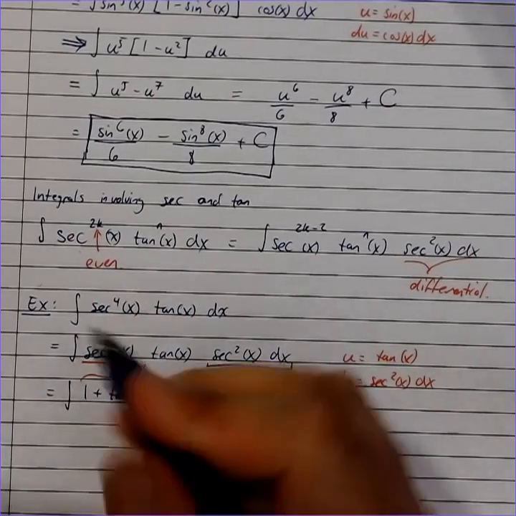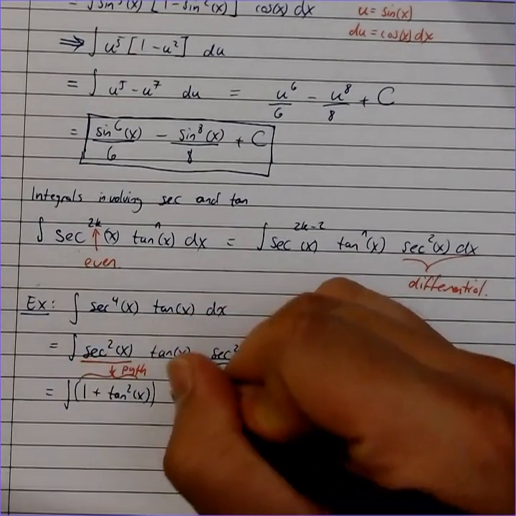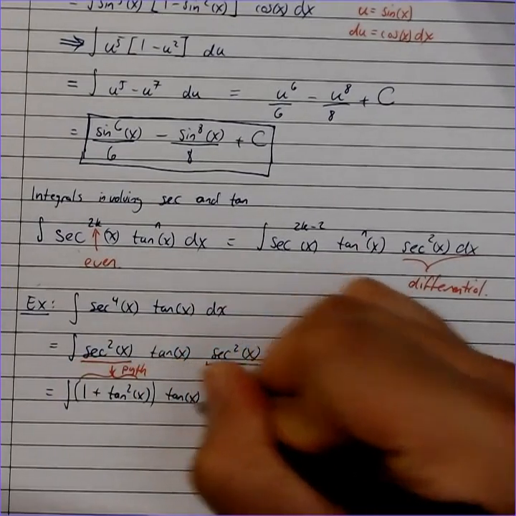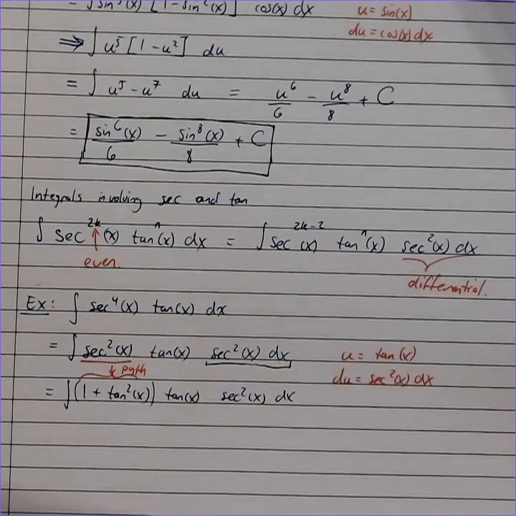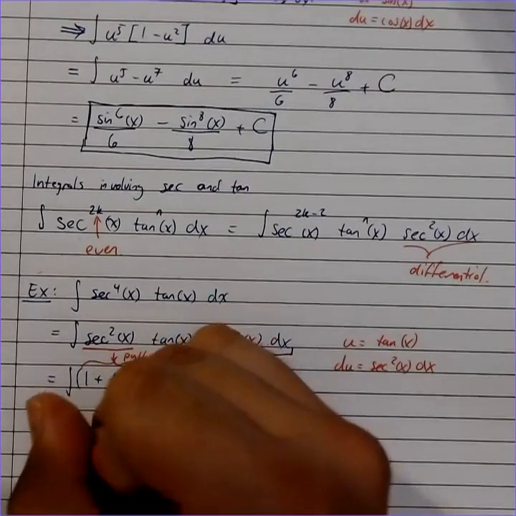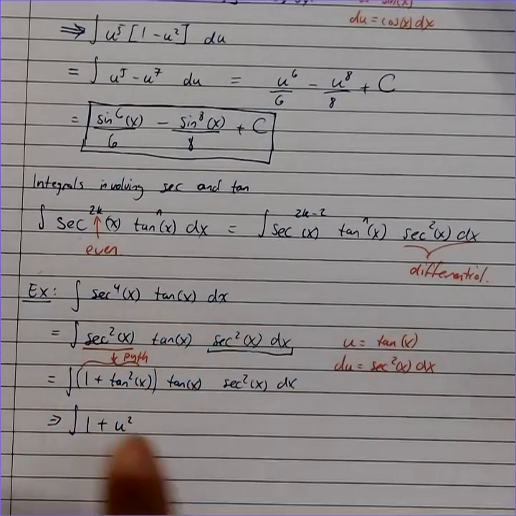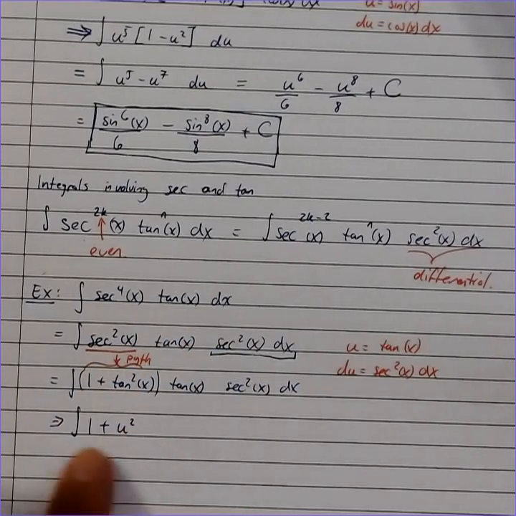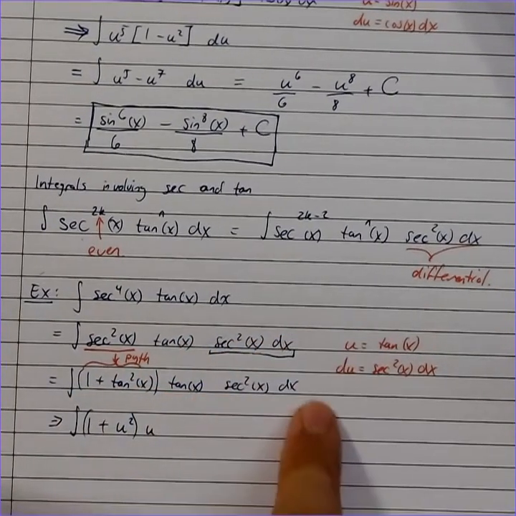That's already in terms of tangent of x, so let me leave that alone. Secant squared of x dx. Oh, but now all of this is in terms of tangent, in other words, in terms of u, and that's your du. So this can now transform to the integral of 1 plus u squared, 1 plus tangent squared, 1 plus u squared, times u du.